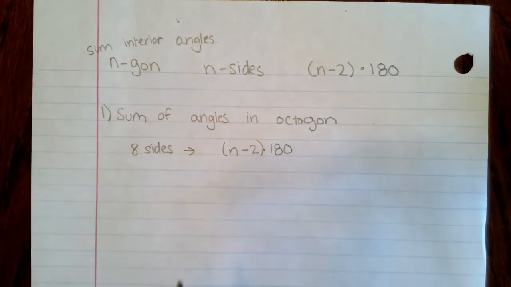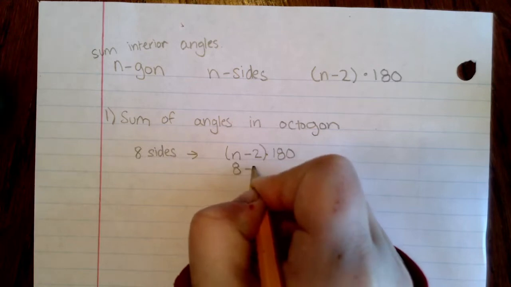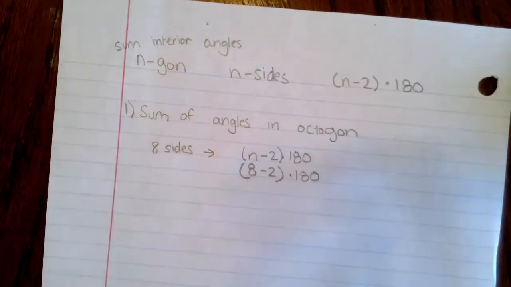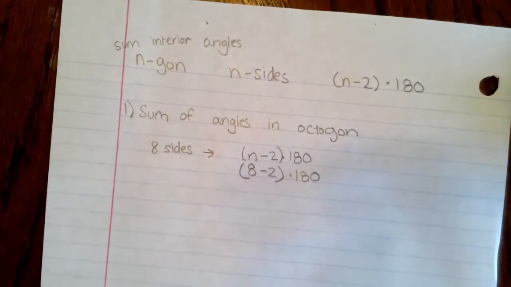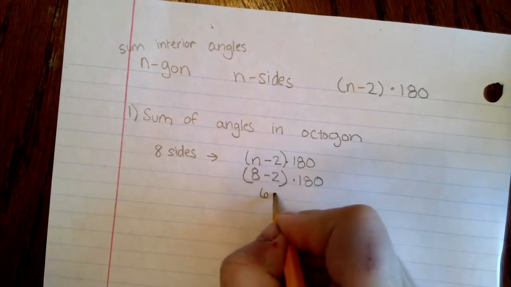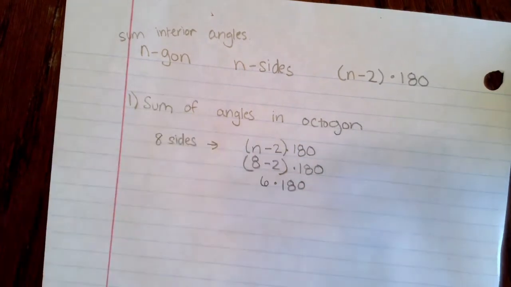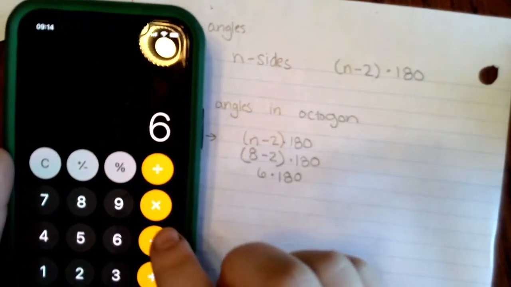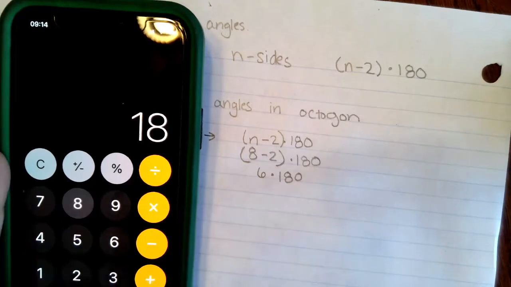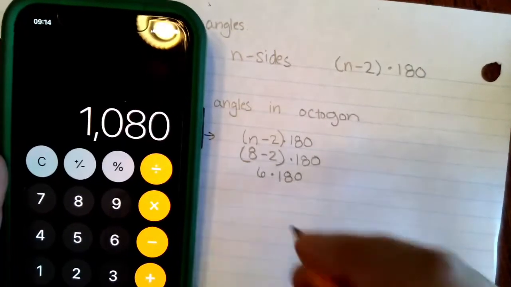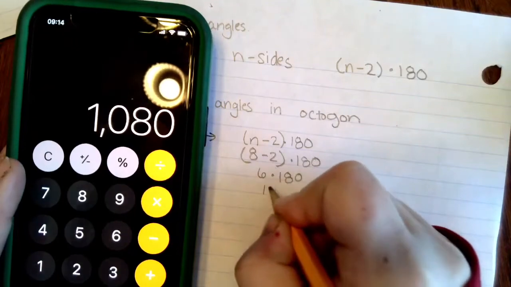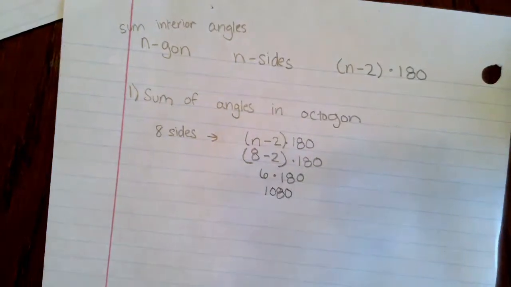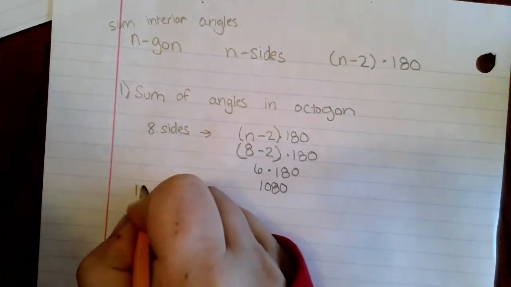So 8 minus 2 times 180, and 8 minus 2 is 6. So 6 times 180. I don't know what that is off the top of my head, so I'm going to use my calculator. 6 times 180 is 1080. So the sum of angles in an octagon is 1080 degrees.